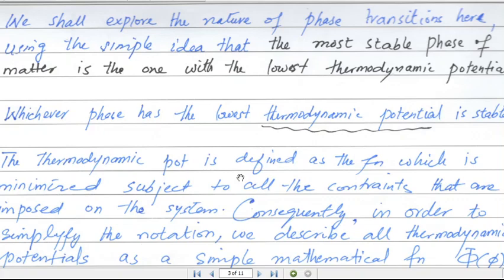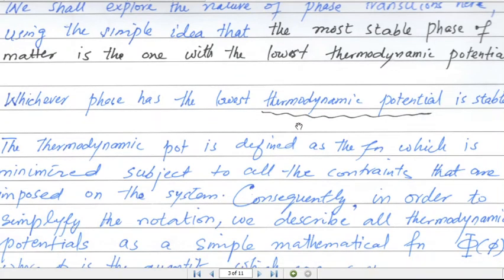Here we shall explore the nature of phase transitions by using simply the idea that the most stable state of matter is the one with the lowest thermodynamic potential. We know that whenever a system is stable, the system will be in its lowest energy state. That is, the system minimizes its energy to attain that stable state.